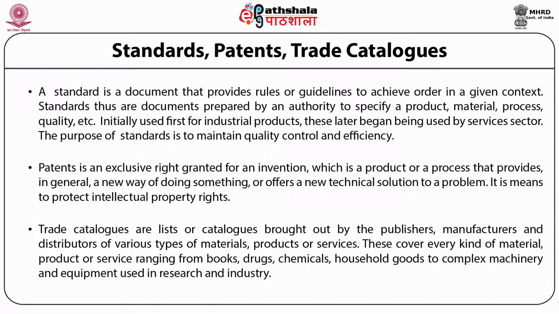The basic purpose of this type of trade literature is to describe various attributes of the product, material, or service and promote its sale to potential customers. They are usually the only source of information that is reported about specific commercial products and is not likely to be published in any other form of literature.